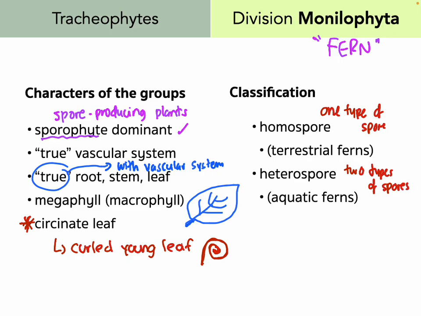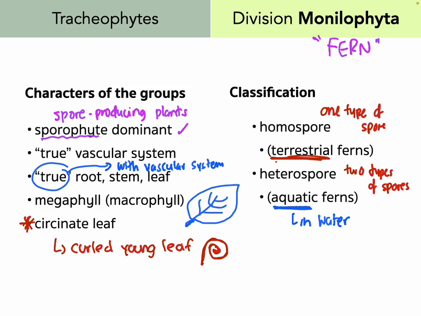And this time it's actually quite easy because it's separated by where they are. So if they are terrestrial fern, the fern that lives on land, they are homospore. If your fern is aquatic, meaning they're in the water, they're heterospore. Very simple as that.